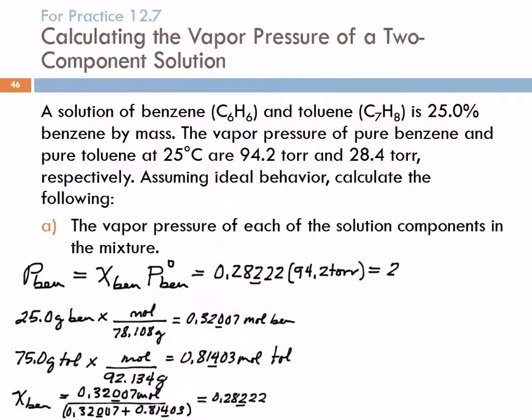So that comes out to be 26.585 torr. So that's one answer, vapor pressure of each solution component. I'm not going to round that yet because we're going to need that for the next part. If you were just reporting that one, you'd say 26.6 torr. Any questions? If this is the mole fraction of benzene, what's the mole fraction of toluene?